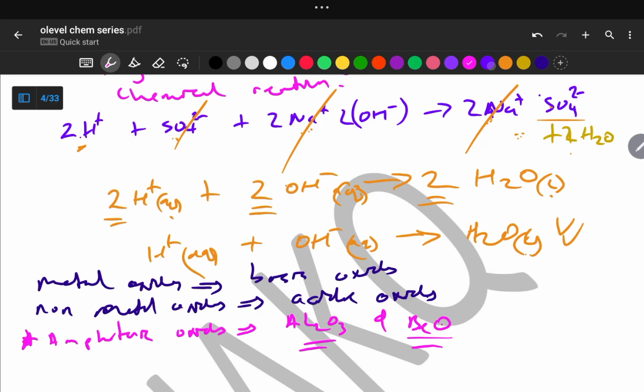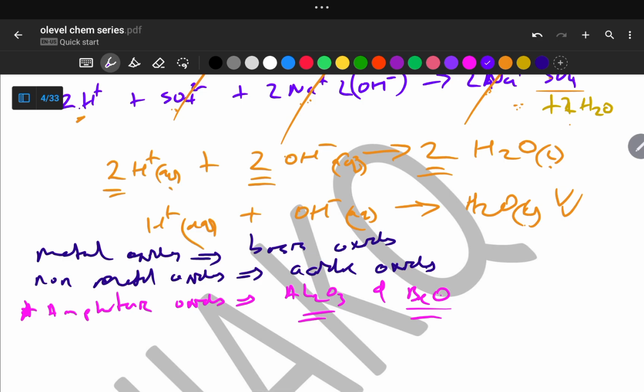So they both have the properties of an acid and a base. They react with both acids and bases. They can act as bases at a given point, and also they can act as an acid at a given point. Are we together? So you should know this by heart. You should be able to define the term amphoteric nature and to give the example, right? And you are done for O level.